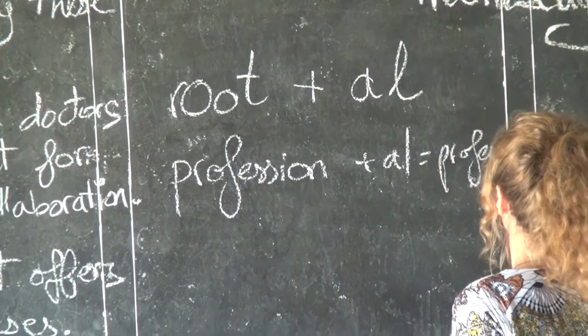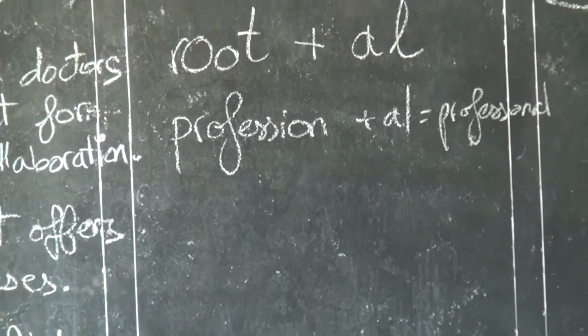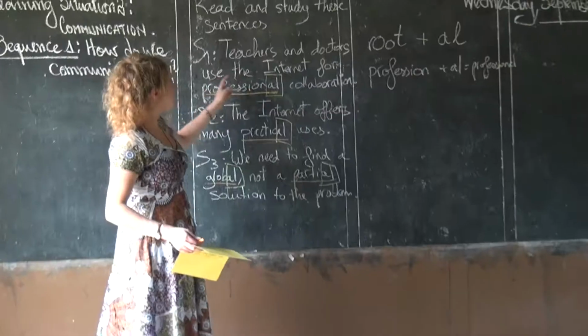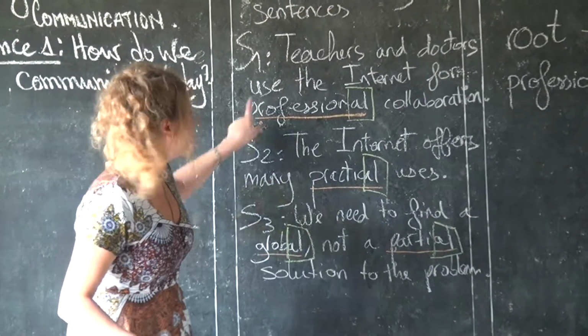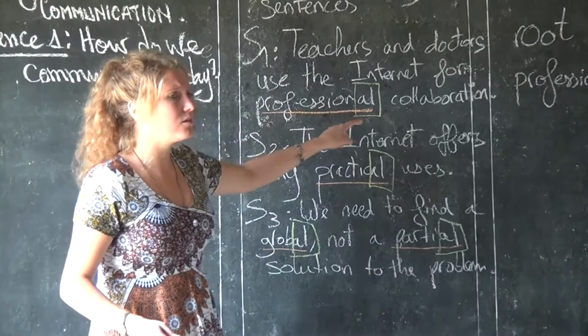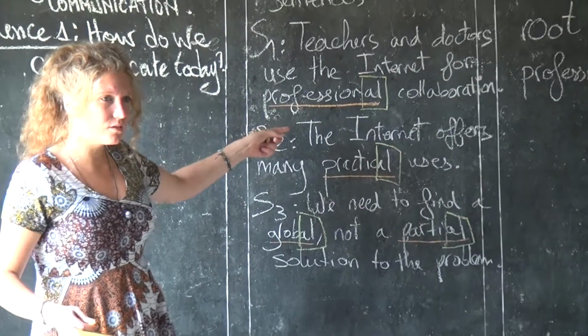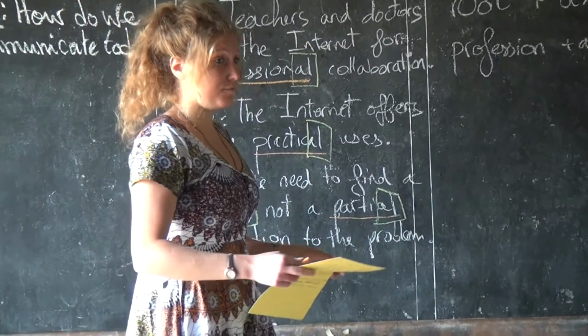Excellent, professional. So we call these, what is the name of this? Do you know? We said these are nouns? All of this, is this a noun? Is this a noun? Or is it an adjective? Adjective. Very good.